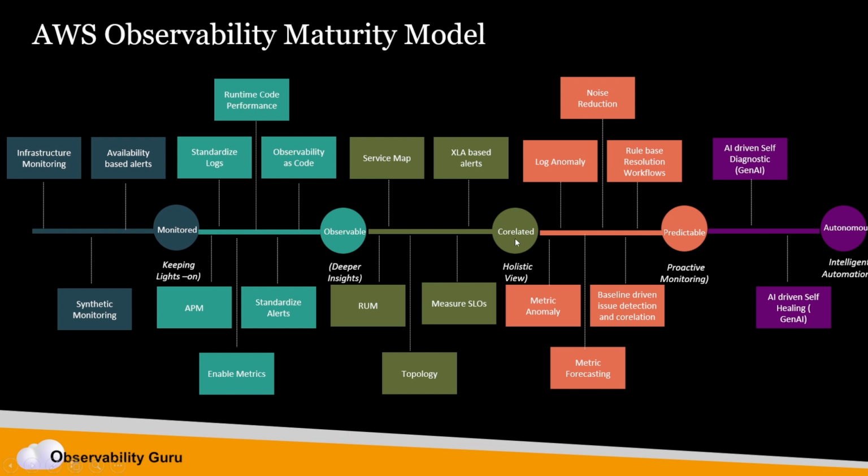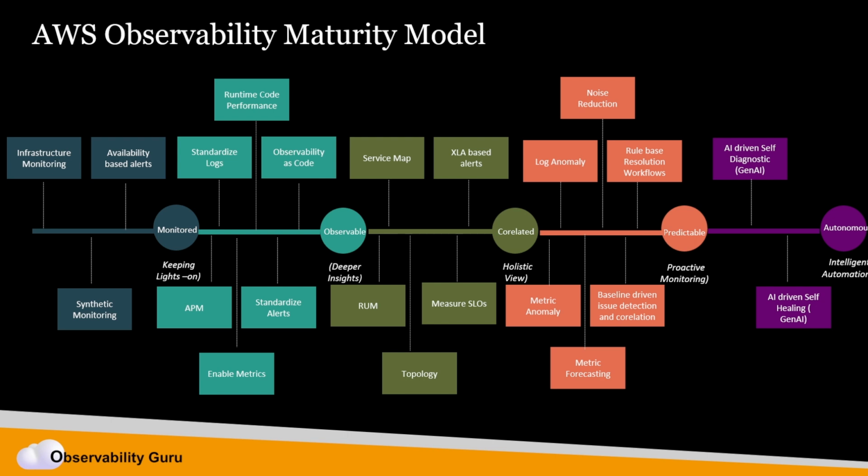We have correlated, which is about using service maps, topology, using time-based topologies, enabling real user monitoring, and developing service level objectives and SLA based alerts, so that we are very end user centric. And predictable, which is at our level 4, which is about using AI, metric anomaly detection, log anomaly detection, metric forecasting, and typically noise reduction.